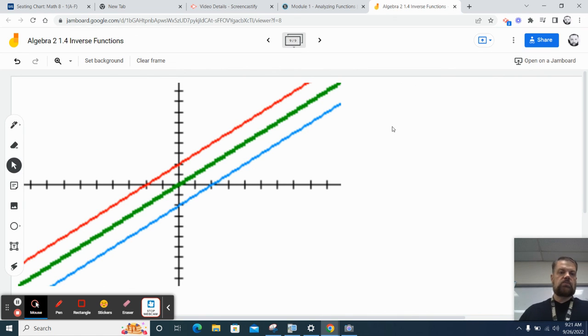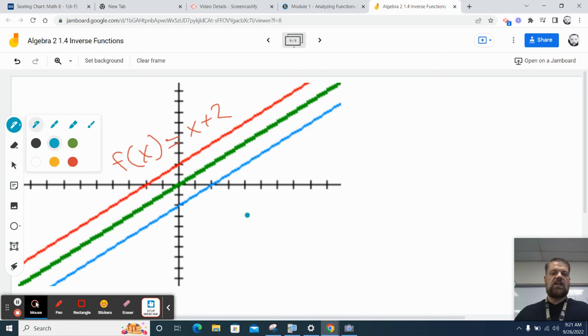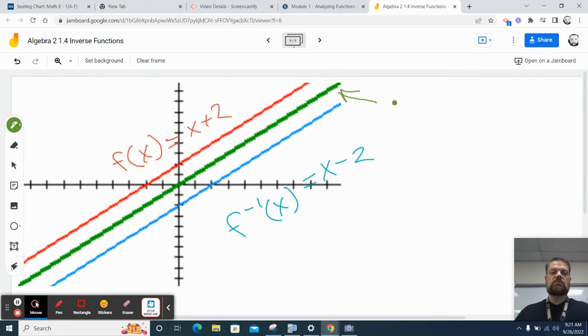And so my red line is f of x equals x plus 2. My blue line is f inverse of x, which is equal to x minus 2. And then my green line, we'll say y equals x.